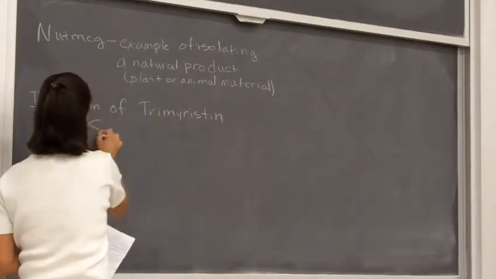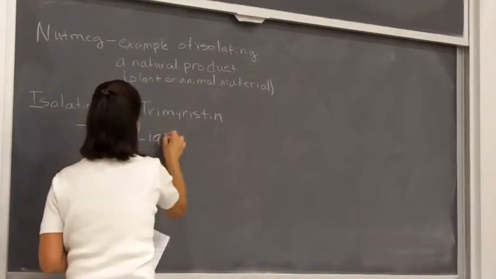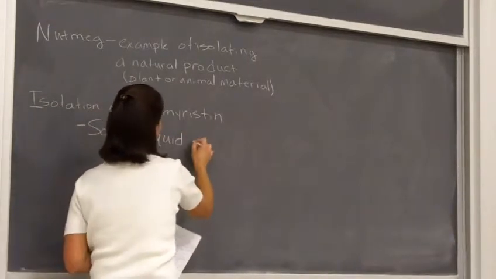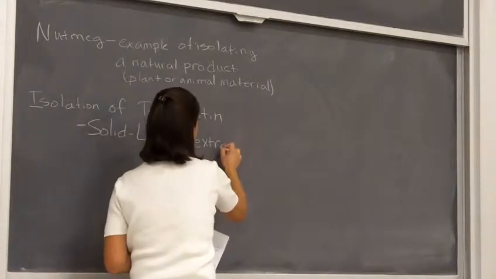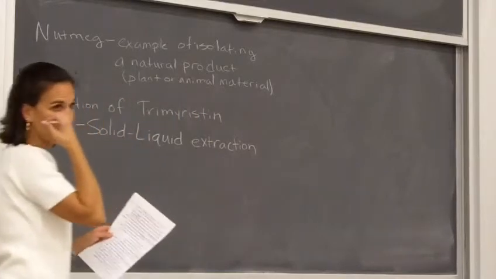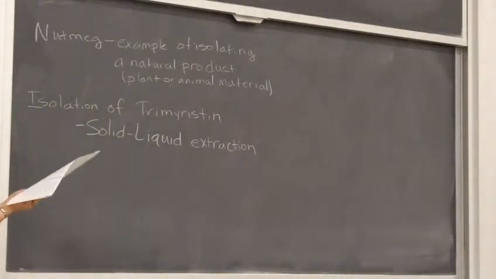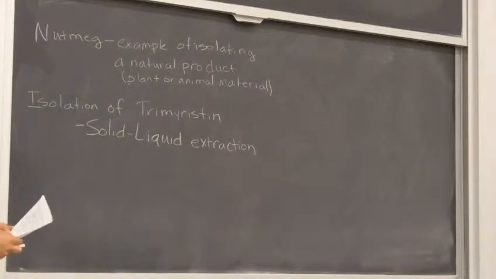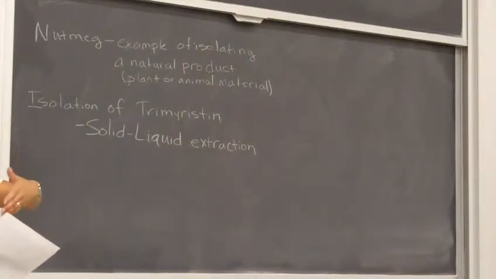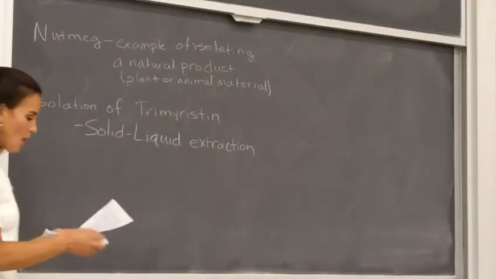We're going to use what's called a solid liquid extraction. We've already used a liquid extraction the first week of lab. Now we're going to have the solid be the nutmeg. The liquid we're going to use, like I said, is the diethyl ether. And so you're going to extract the trimyristin from the nutmeg into the ether, all right?